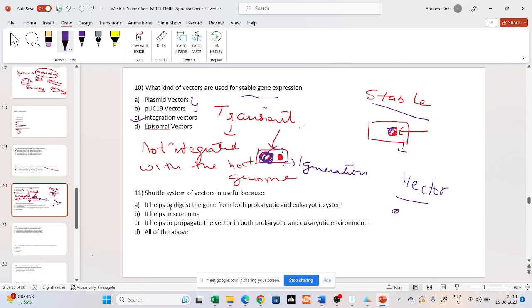Fine. Now, the shuttle system of vectors is useful because it helps to digest the gene from both prokaryotic and eukaryotic, helps in screening, helps to propagate the vector in both prokaryotic and eukaryotic environments, or all of the above.